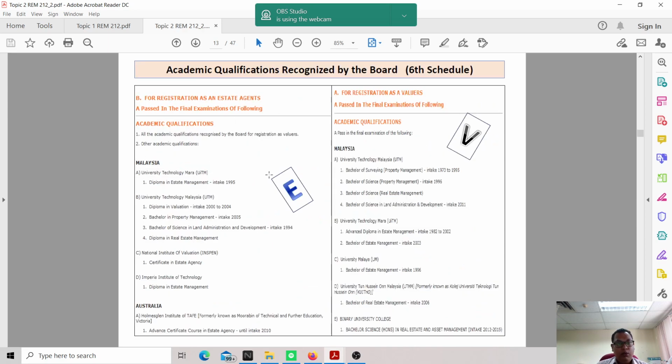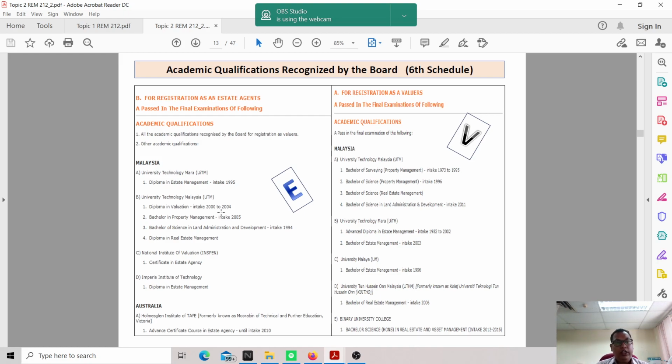Some of the qualifications that relate to us is the diploma in estate management. This is your diploma, starting from the intake of 1995, Universiti Teknologi MARA. So we are exempted from the examination. You can straight away register as a probationary estate agent.